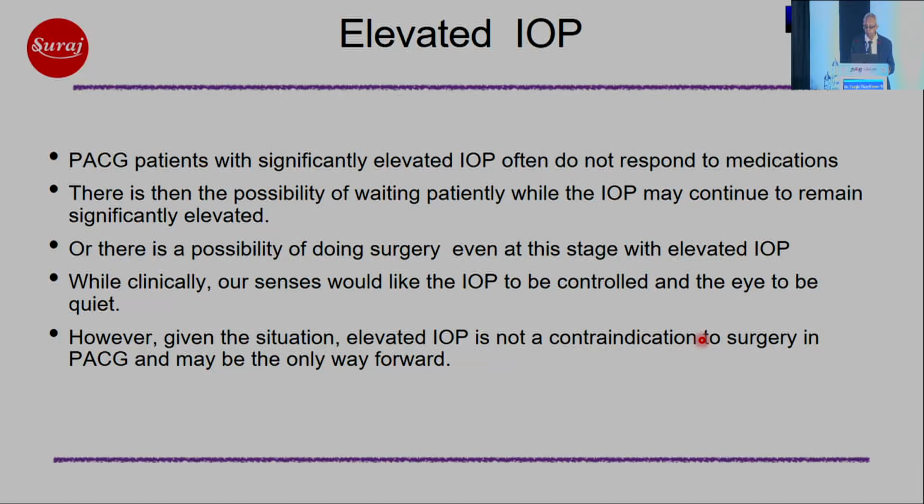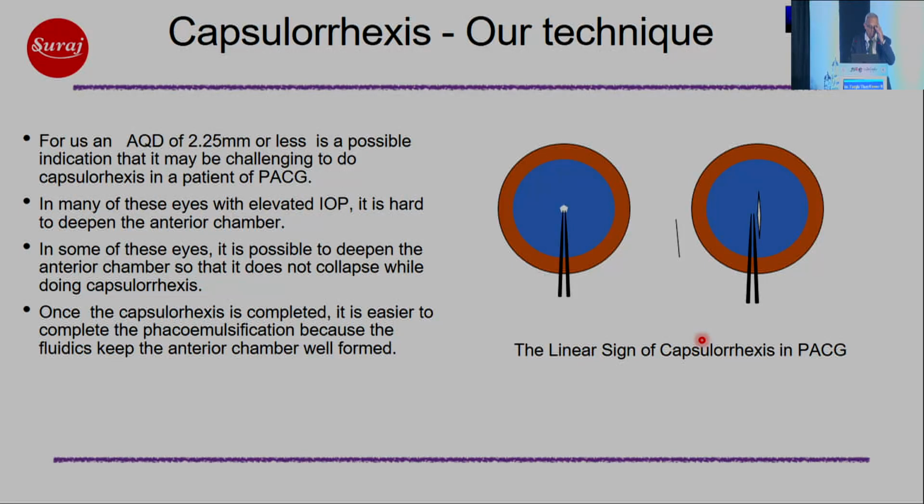However, given such a situation, elevated IOP is not a contraindication to surgery in PACG and may be the only way forward. For us, when we have an AQD of less than 2.25 millimeters, we want to be very cautious, and most patients of PACG have an AQD of less than 2.25 millimeters. Doing capsulorhexis is a challenge.